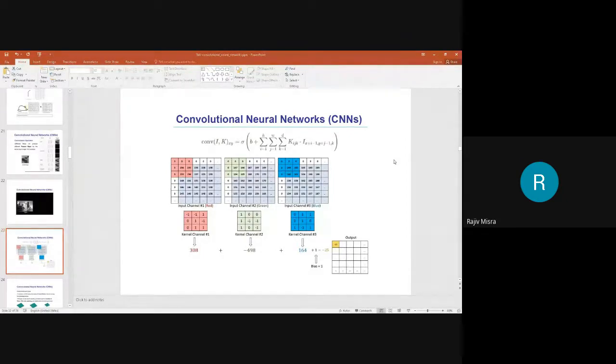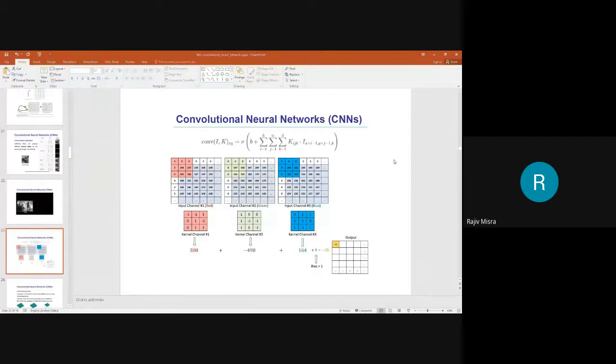And you can see that you are taking the image which is of the dimension 5 by 5 by 3. 3 means there are 3 channels, that is red, green, and blue. The output you will get here is 5 by 5 in size if you pad in this manner with zeros and then perform the convolution operation.